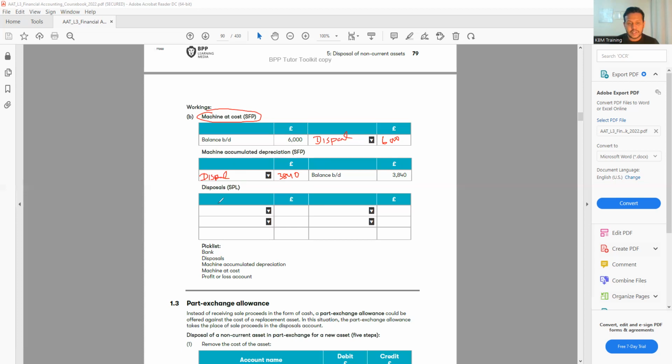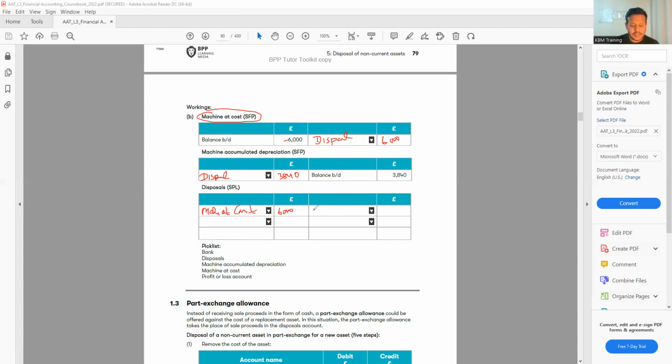And finally, we have a disposal account. So let's do that. The first journal was disposal is debit and non-current asset is credit. So on the first journal, we're going to write machine at cost. The cost was 6,000, so you need to write 6,000. The next journal was disposal credit and accumulated depreciation debit.